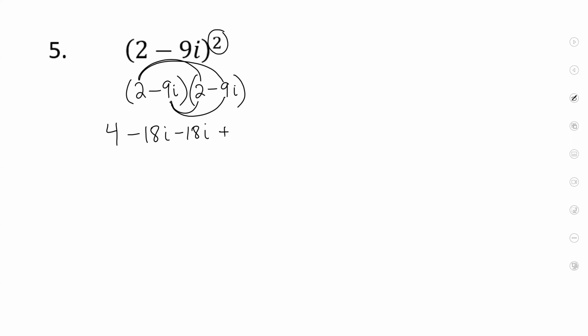9 times 9 is 81, and i times i is i squared. Now we're going to simplify things. So I have 4, and guys, I can combine the middle term. Negative 18i minus 18i. You're going to add them together and keep it negative. This will be 36i.